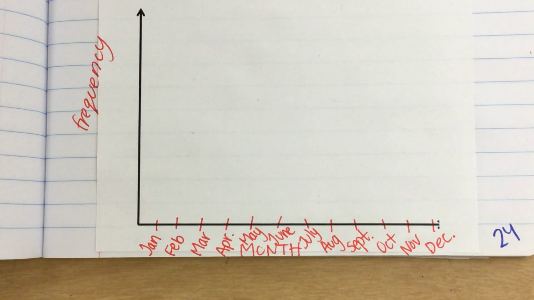So we're going to use the information that we did yesterday in class, the frequency table that we created, to create our histogram.